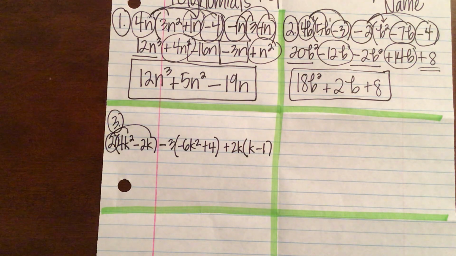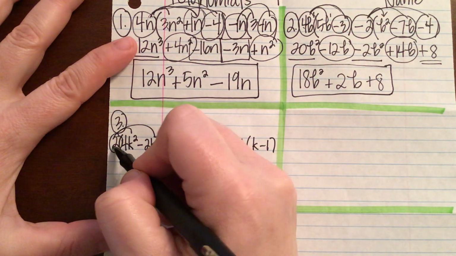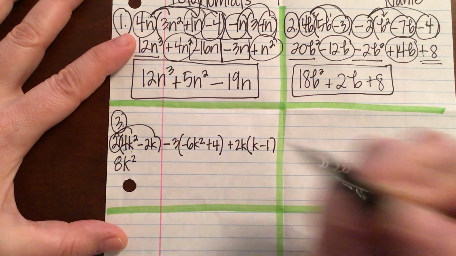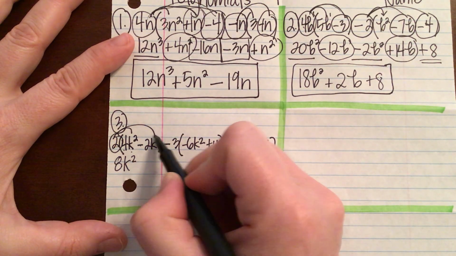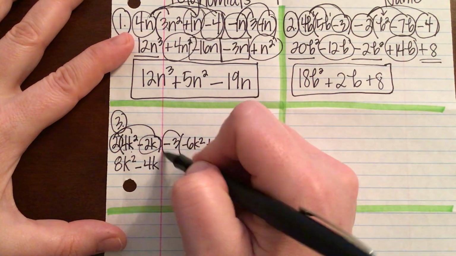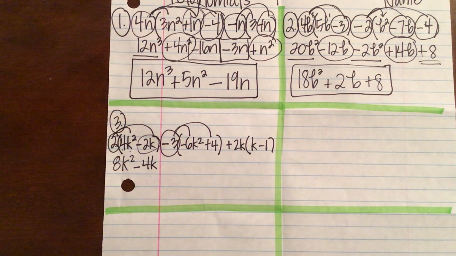Anybody? 8k squared minus 4k. Perfect. 2 times 4k squared is 8k squared. 2 times negative 2k is minus 4k. Perfect. Now we're going to distribute again.